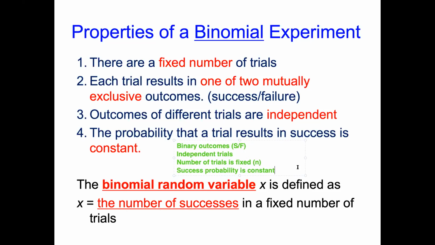Just so you know, the variable we're going to use for that success probability is p. That is your acronym. Let me give you a moment to copy that down.